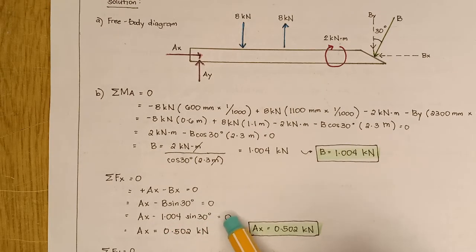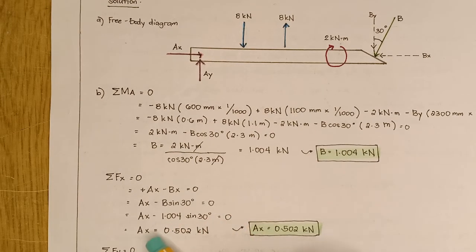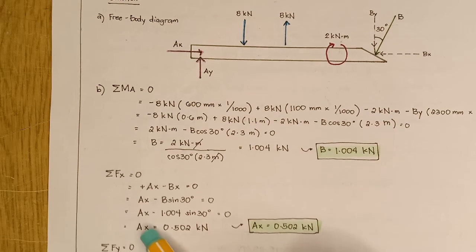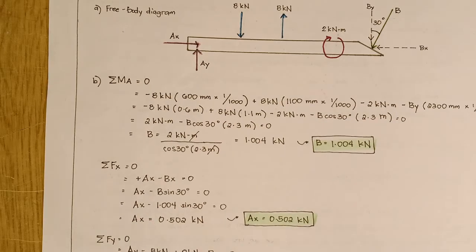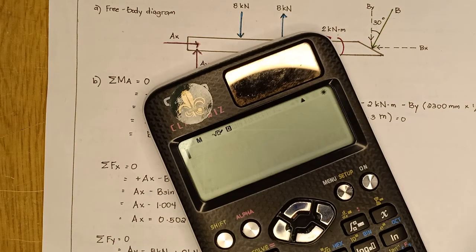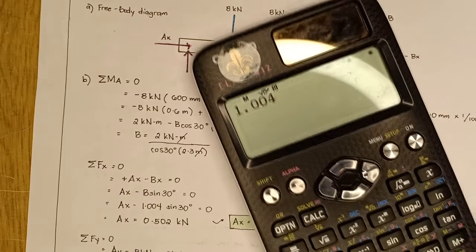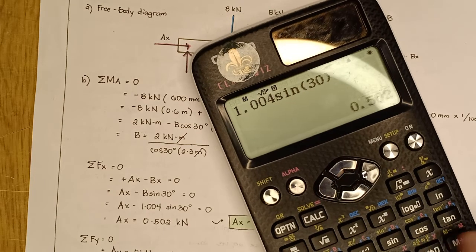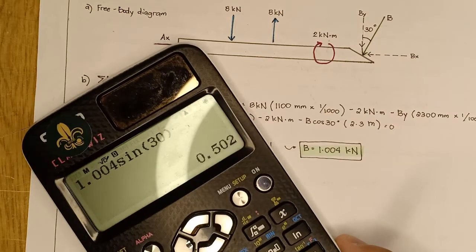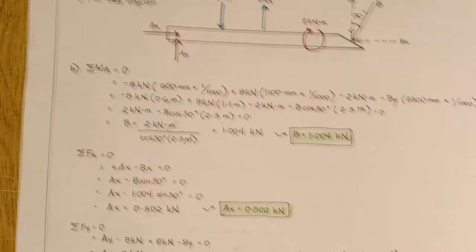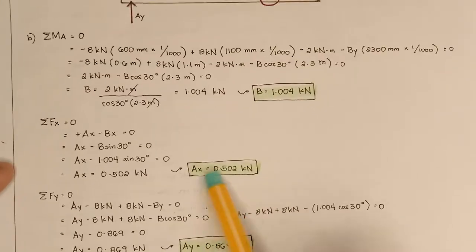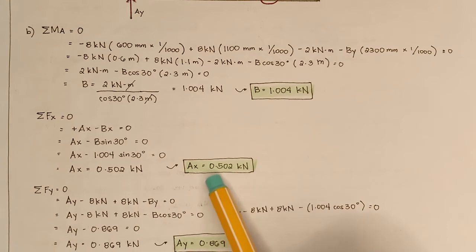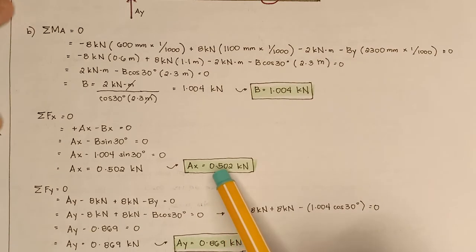Once again, we only have one unknown. So AX equals 1.004 sine of 30 degrees, which equals 0.502. So here we have AX equals 0.502.